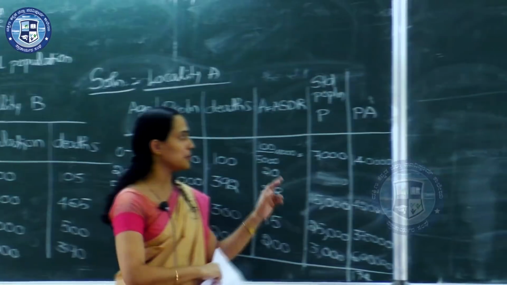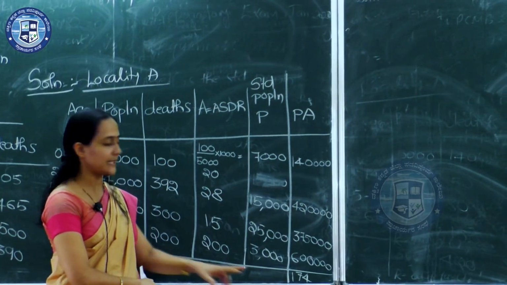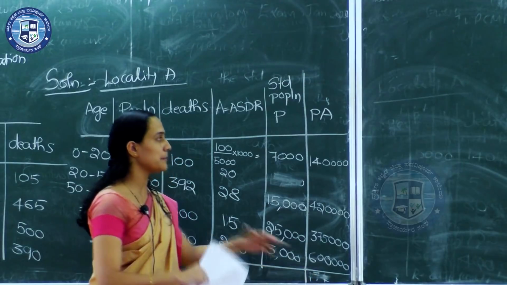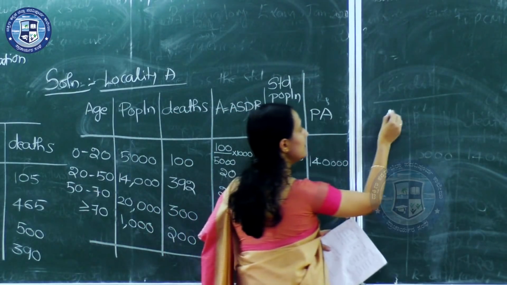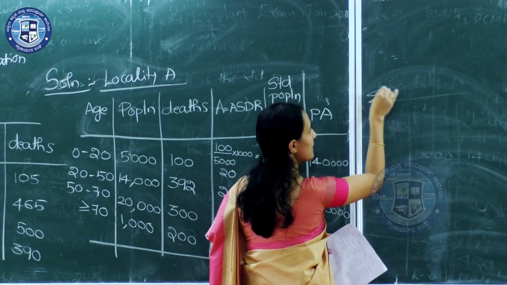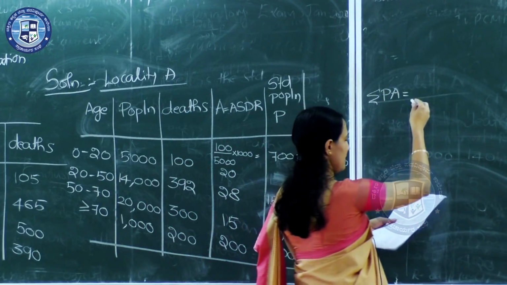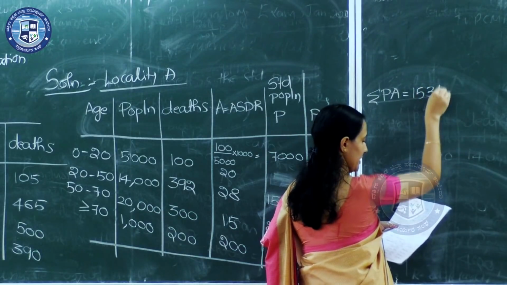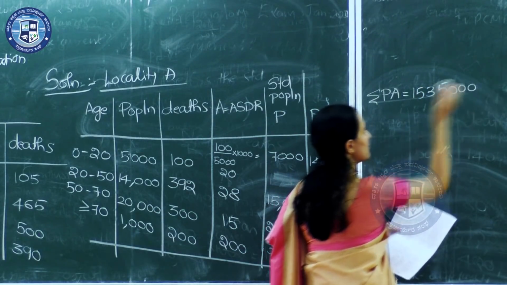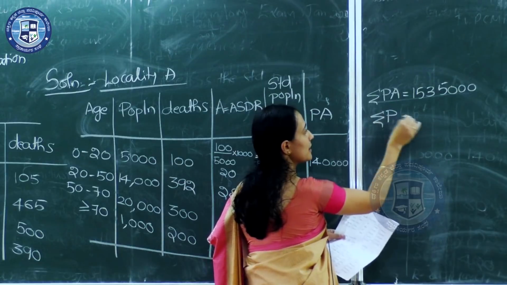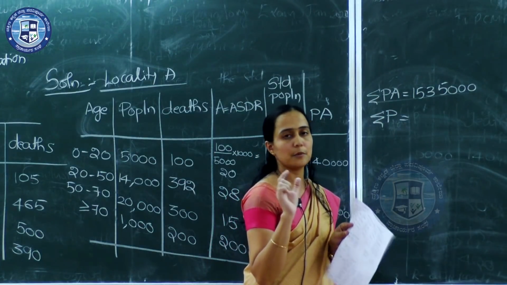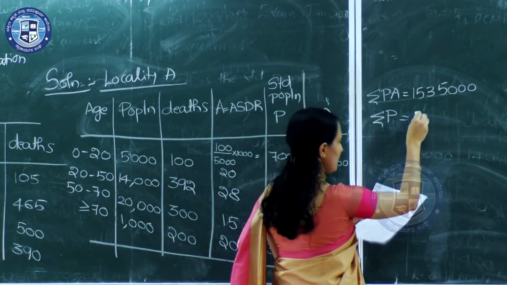We have to compute P into A's total. P into A total, sigma PA total is 1535000. Sigma P also we have to compute. Sigma P means the standard population's total. That is 50,000.